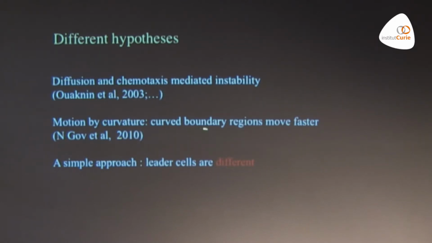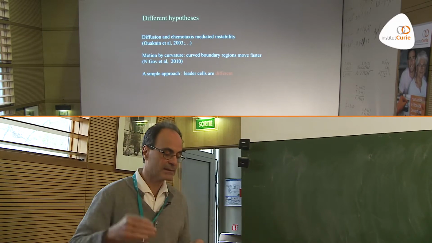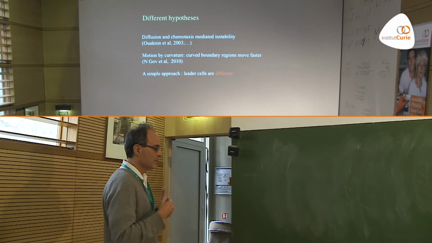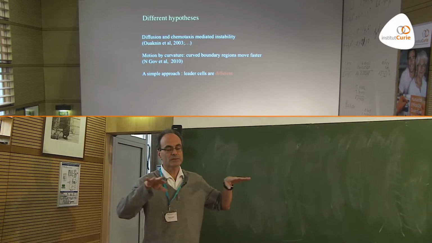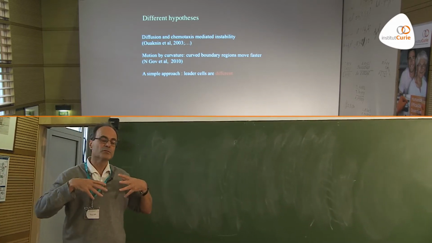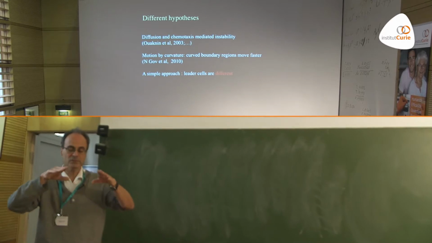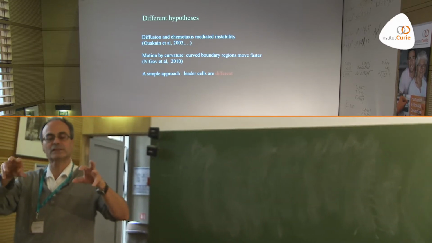And there is also a simple model by Nirgov in Israel and Pascal, saying that if the interface is curved for some reason, cells at the place where the interface is curved can go faster.